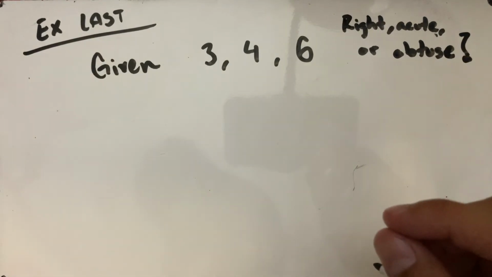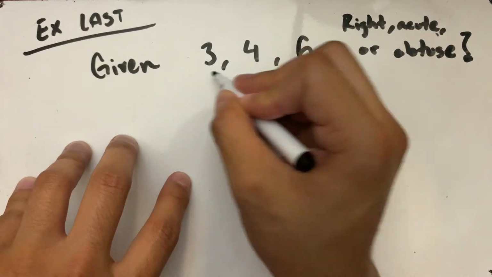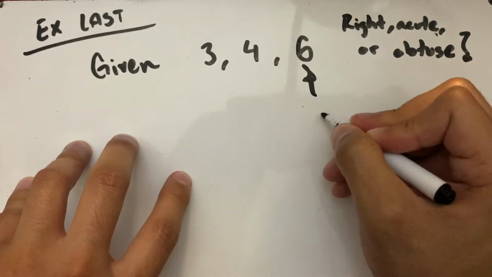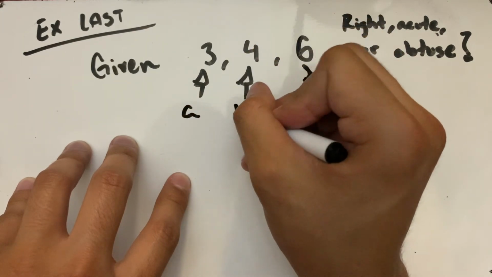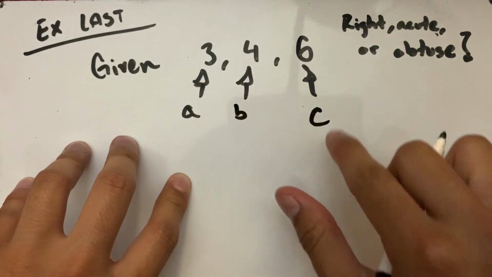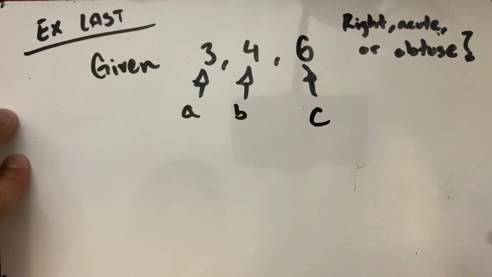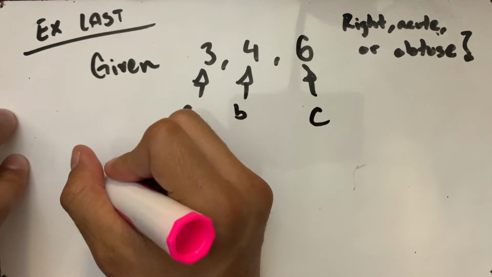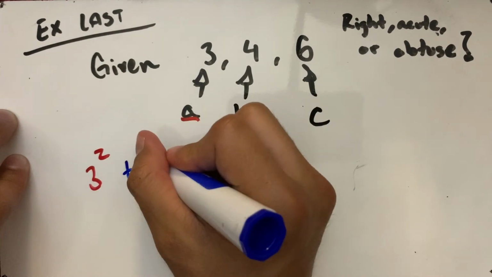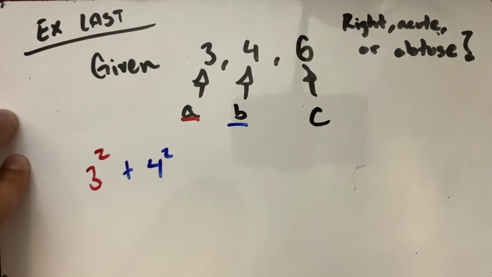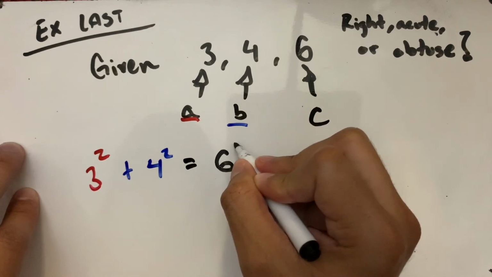So the way we're going to go about this is, we have the 3, 4, 6. C always has to be the greatest value, so this is our C value. And then A and B don't really matter, they can be any side length, but the biggest side length always has to be C. So this is A, so it's going to be 3 squared plus 4 squared compared to 6 squared.